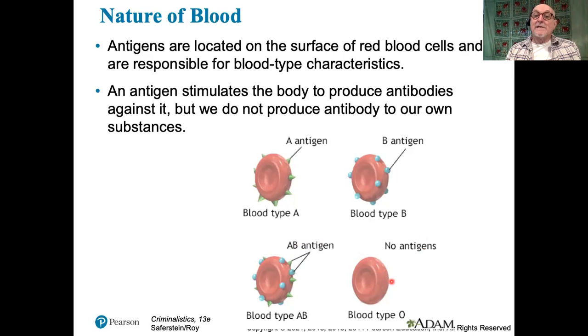Their red blood corpuscles are unlabeled with these antigens, and that we call type O. So there are our four major blood groups that you've probably already heard of: type A, type B, type AB, and type O. So this is the way that the system works.